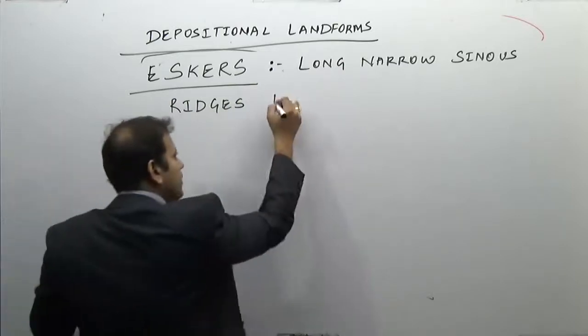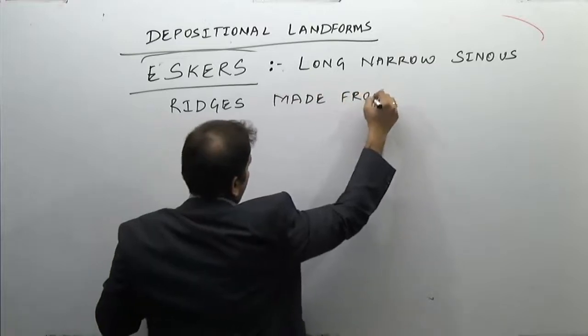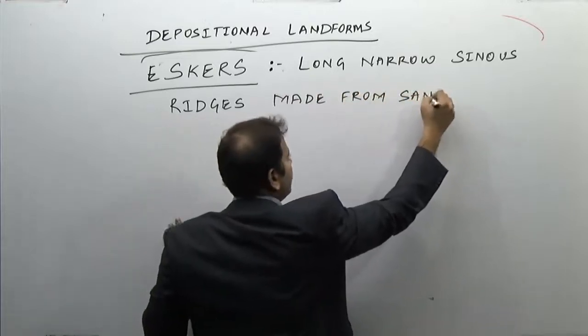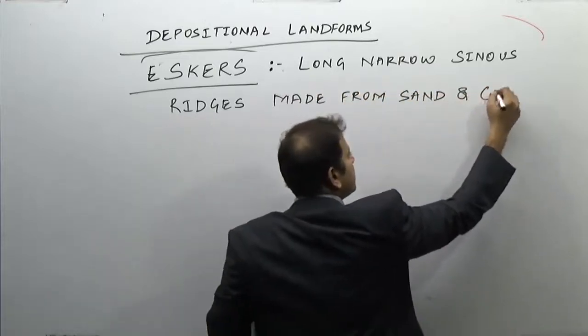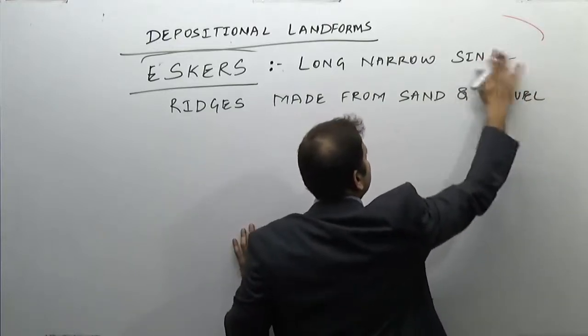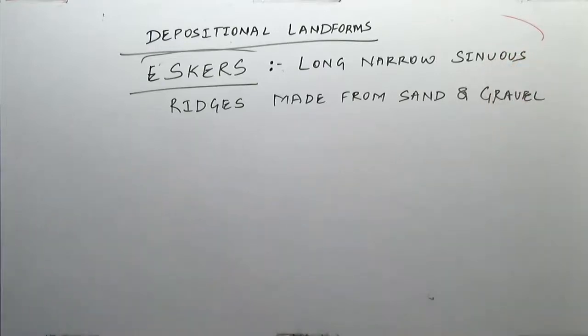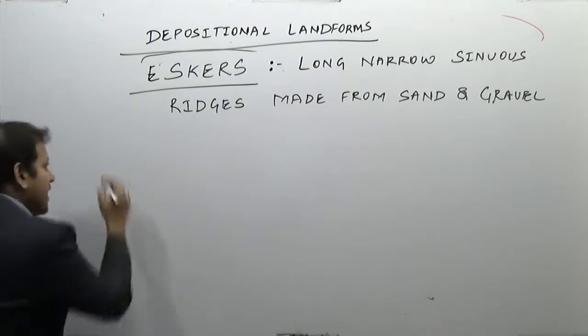made from sand and gravel. Why are they sinuous?